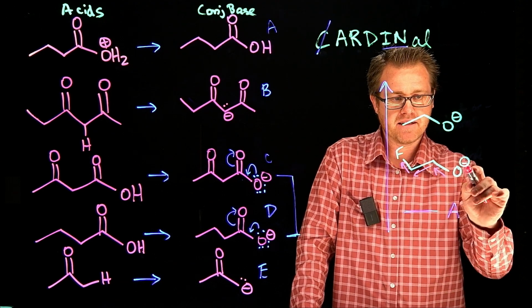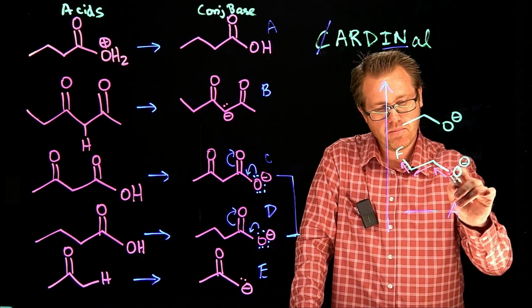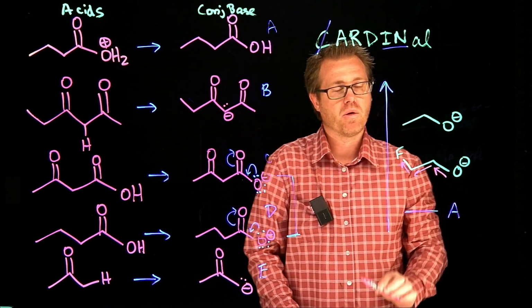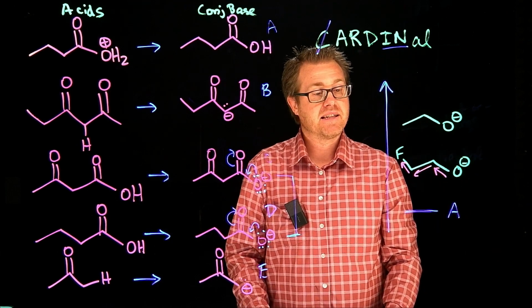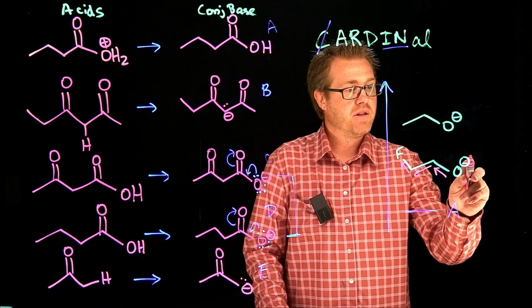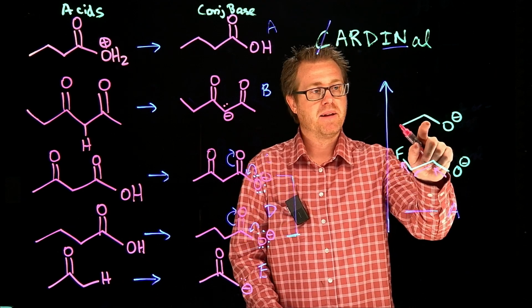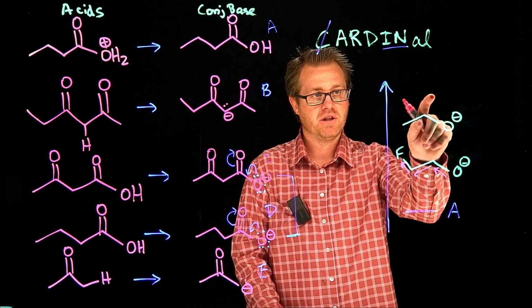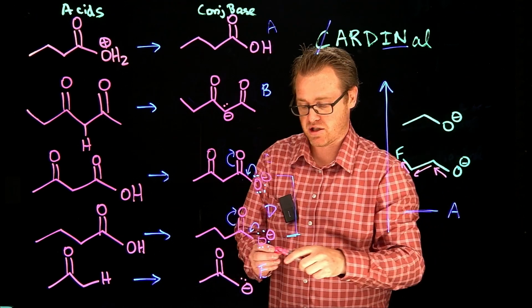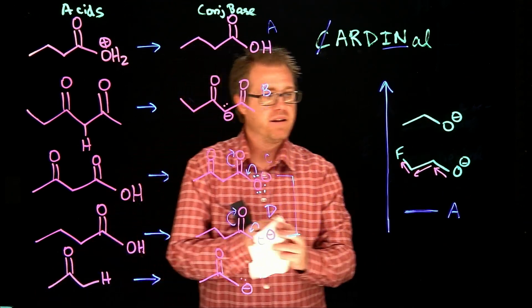And when that happens, this negative charge is getting pulled towards the fluorine. And that is a stabilizing effect. So this one right here with the fluorine is more stable than that one because this one has no induction and this does have induction because of that electronegative atom.